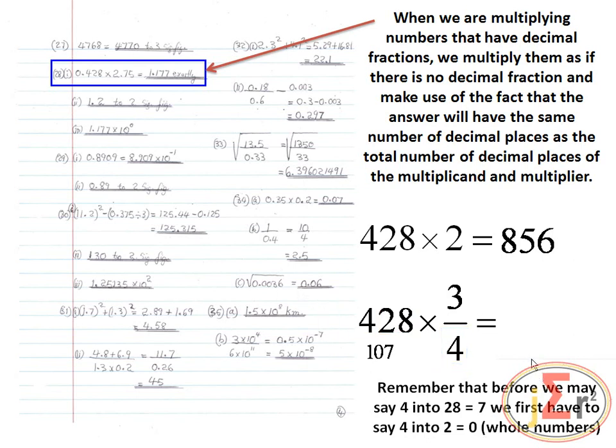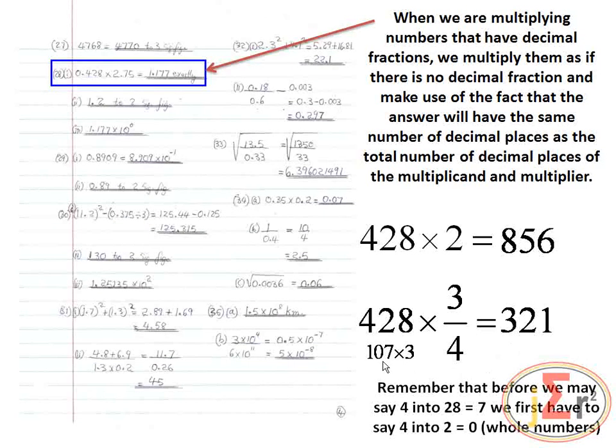And I am sure that it is not so difficult to see that 3 sevens are 21 and 3 ones are 3. So 3, 2, 1 right there. So we have 321.